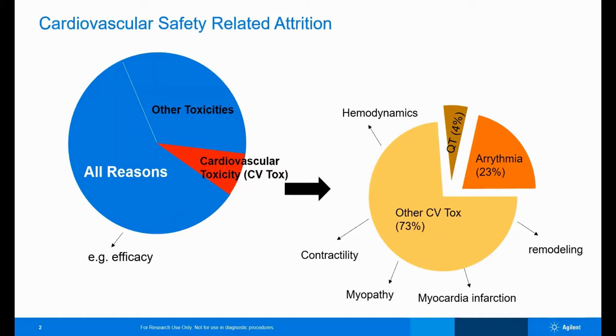According to this pie chart, CV toxicity includes not only drug-induced electrophysiological changes in the heart, such as QT interval change and arrhythmia, but also adverse impact on contractility and structure. Therefore, an ideal in vitro system which could provide a comprehensive cardiac safety profile of drugs would be able to evaluate cell responses to them from multiple angles.